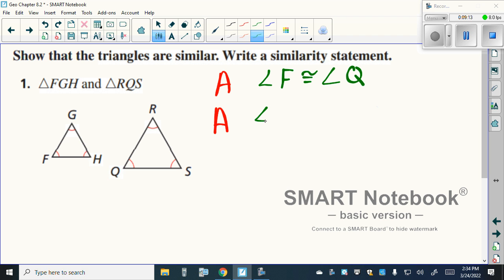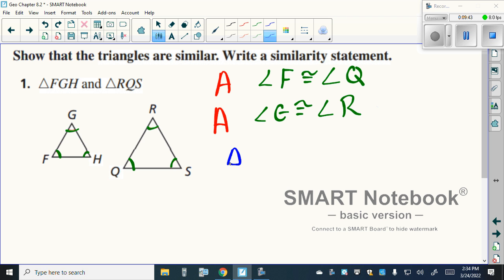Our second set would be G and R. Really, any set of two angles I pick would work. And we know that they are all congruent because of our congruency markers in both of these here, yes? So it actually works out that all three angles are congruent for both. So they are similar. They all would be 60.